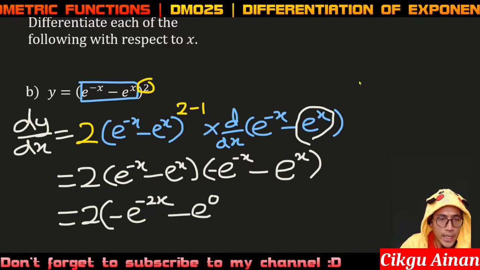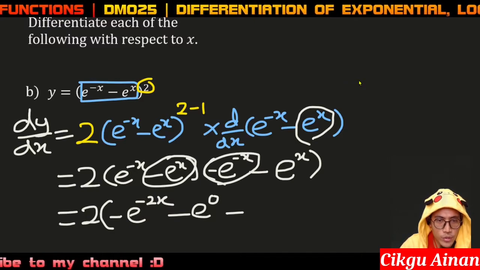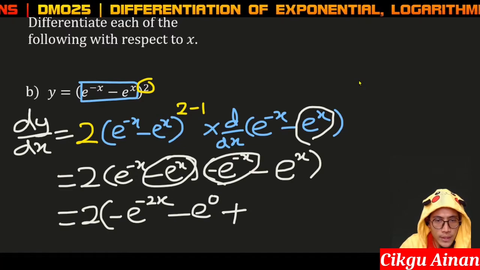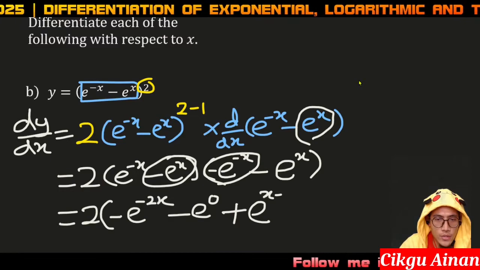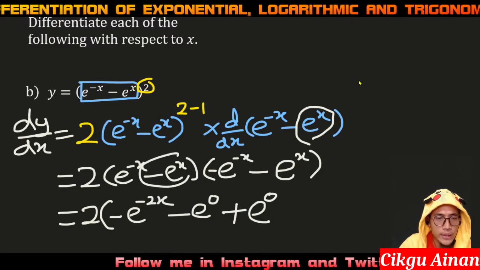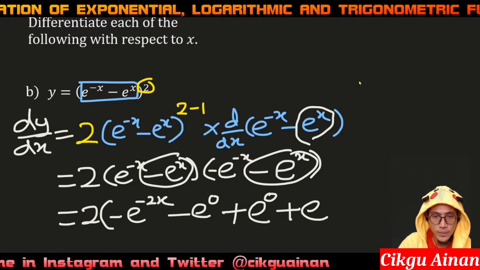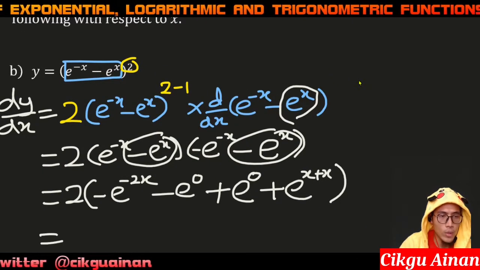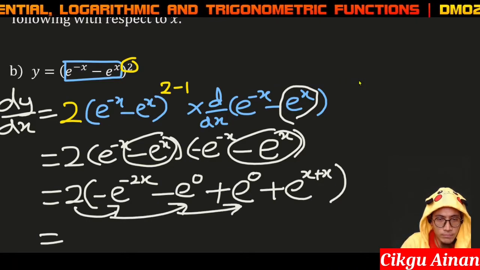Next, this one with this one: minus minus is a positive, and the bases are the same, x minus x, so also 0. This one with this one, we get plus exponent x plus x.